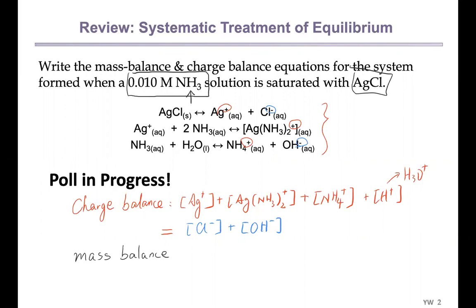So in this case, the first one is 0.010. This is the total of all the ammonia species, right? So this should be the sum of all the possible forms of ammonia in the solution. What are all the possible forms of ammonia in the solution?